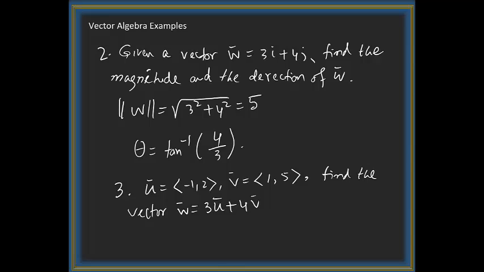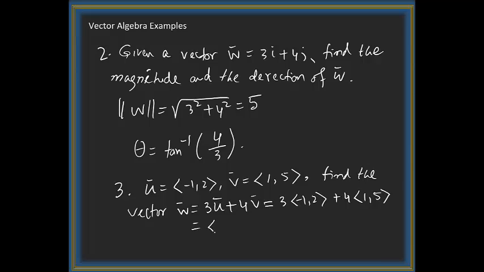Example 3 is called scalar multiplication and addition. So we want the vector W equals 3 times vector U plus 4 times vector V. This one will be simple. You write 3 times (negative 1, 2) plus 4 times (1, 5).